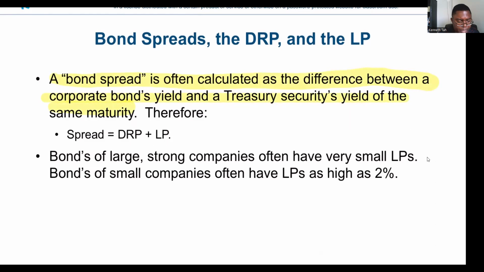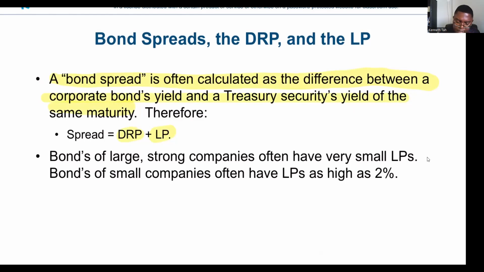So what does the spread actually capture? It captures the default risk premium and the liquidity risk premium. So if the spread is getting larger, it implies that the default risk premium and liquidity premium are increasing.